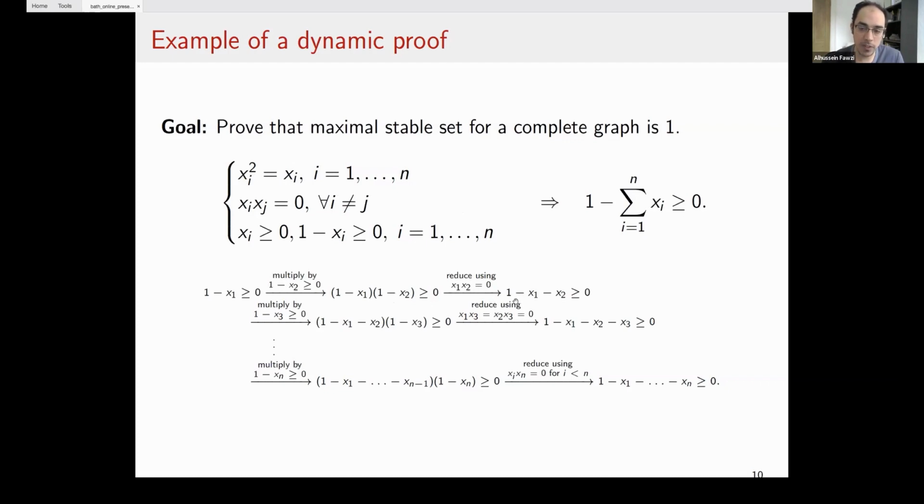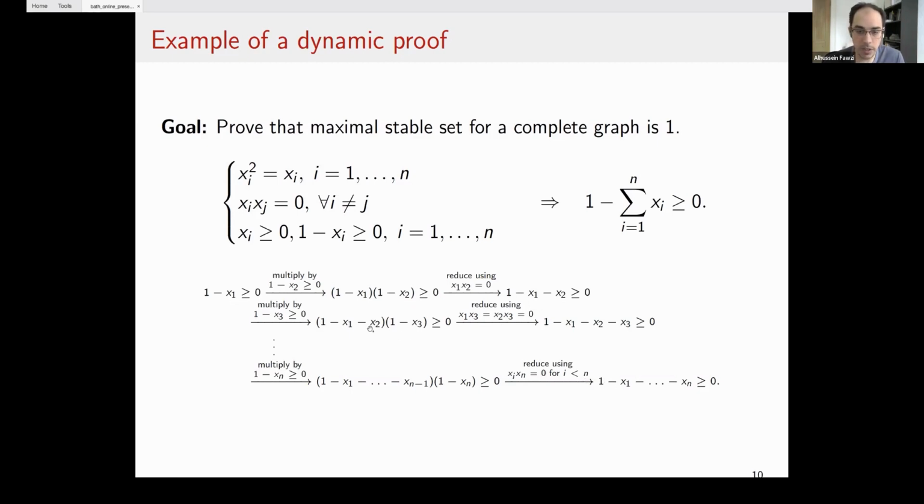This gives us that 1 minus x1 minus x2 is non-negative. And then we take this polynomial, which we have just proven to be non-negative, and multiply it by one of the GIs, which by definition is non-negative. We reduce based on the equality here, and so on and so forth, till we get that 1 minus the sum of xi's is non-negative. So this proves that the largest stable set of a complete graph is less than or equal to 1, and therefore is equal to 1.